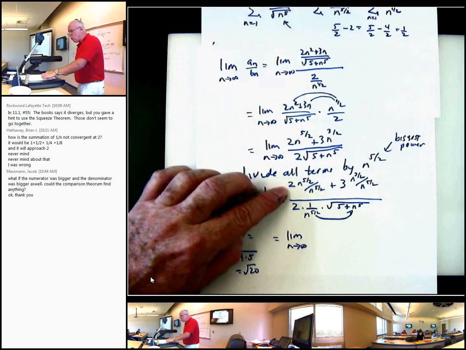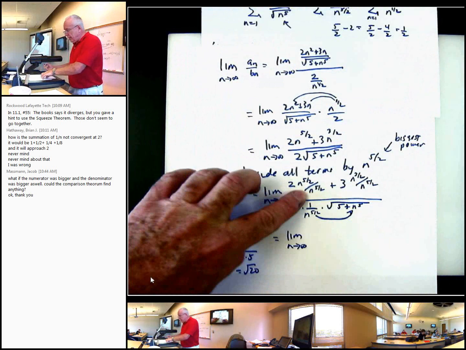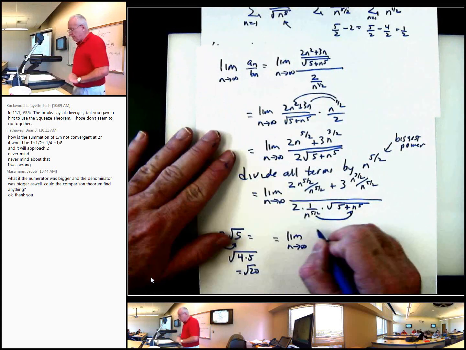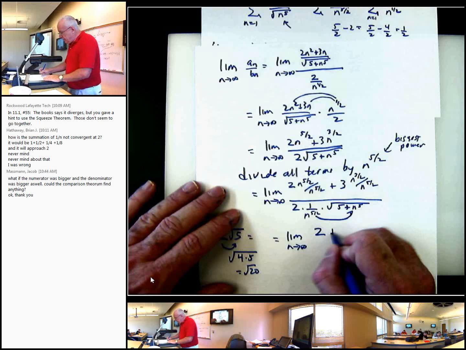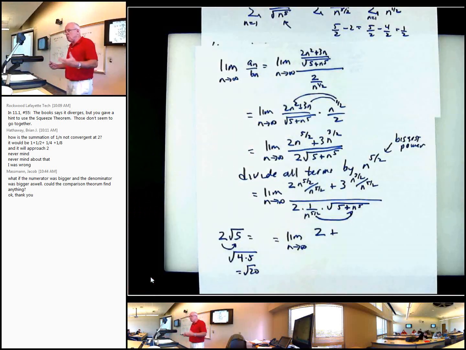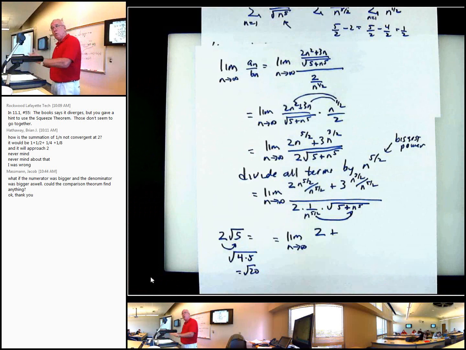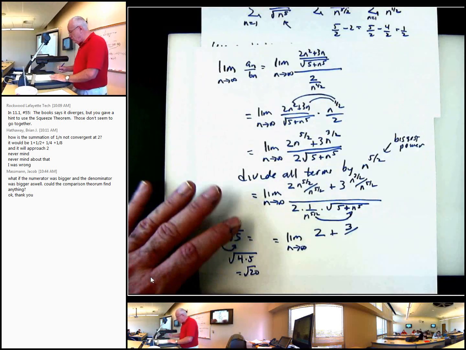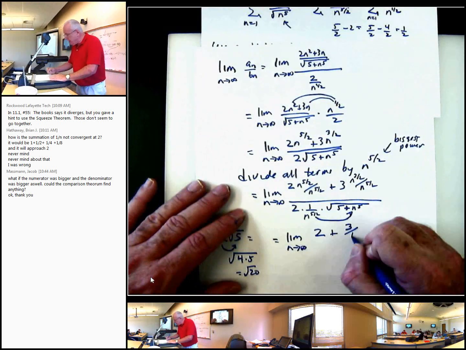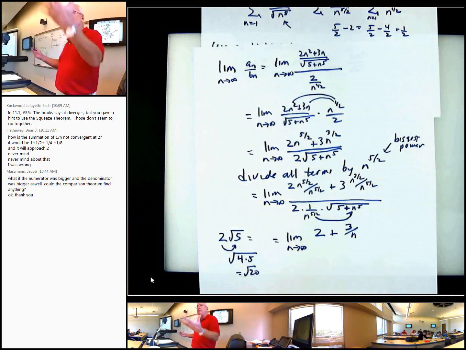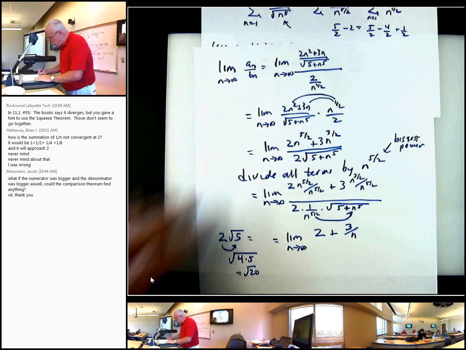All right, so let's see what we get here. The top looks horrible, but it soon simplifies. n to the 5/2 over n to the 5/2, well, that's just 1, so we have a 2 there. And then n to the 3/2 over n to the 5/2, we just subtract our exponents, and that gives us 3 over n, I believe. 5/2 minus 3/2 is 2/2, so it's n to the first.